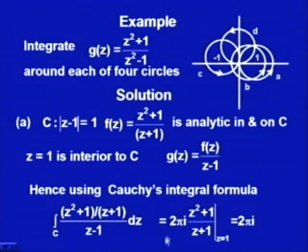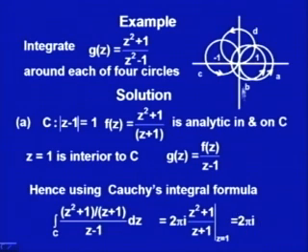So, let us write it out: (z square plus 1) upon (z plus 1) at z equal to 1. When z is 1, I get 1 plus 1 is 2 and 1 plus 1 is 2, so this cancels out, and I would get 2 pi i. So, along this contour A, we have got the integral of g(z) as 2 pi i.